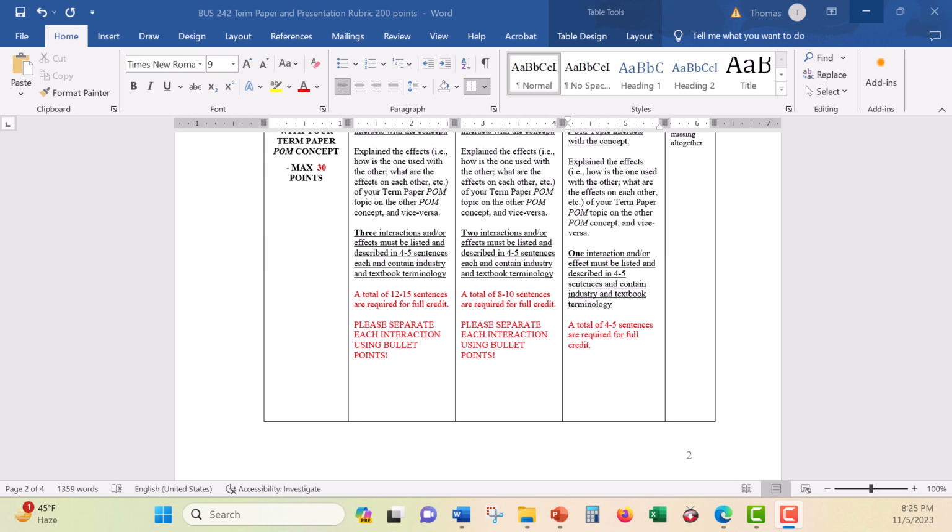So for the example of geographic information systems, there are many other POM topics with which this could interface. Let me give you a few.